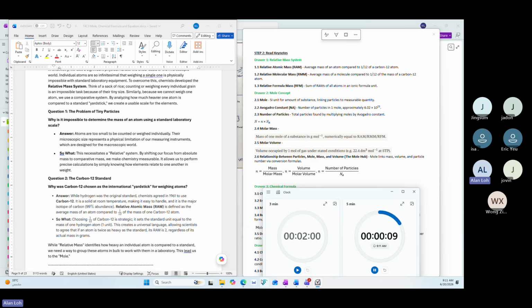Ten seconds. If it is too fast, you have to let me know. If you need more time, let me know. You can adjust. Now, drawer 1 is done.